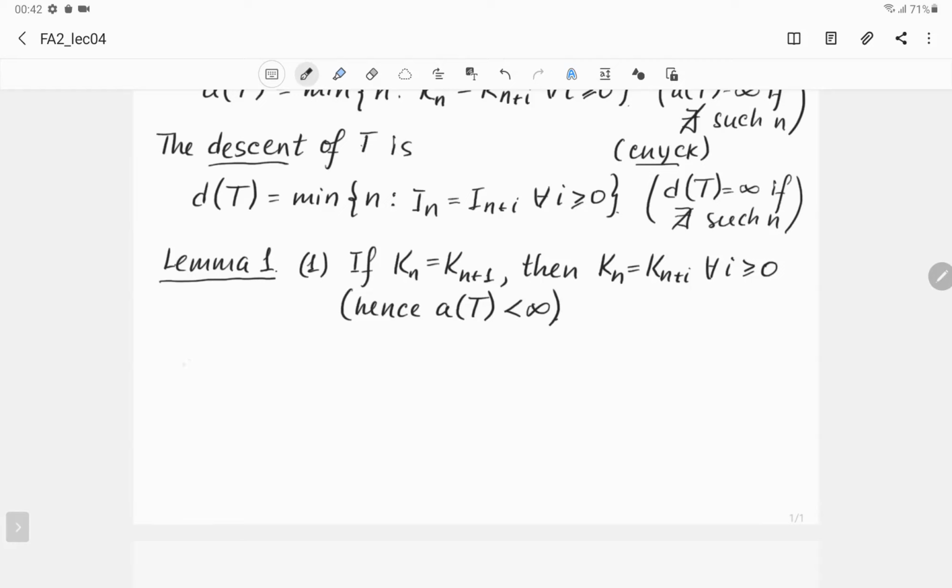Similarly, if we assume that R_n equals R_(n+1) for some n, then the chain of the images stabilizes starting from n. I have this equality for each non-negative integer i. And so in this case, T has finite descent.